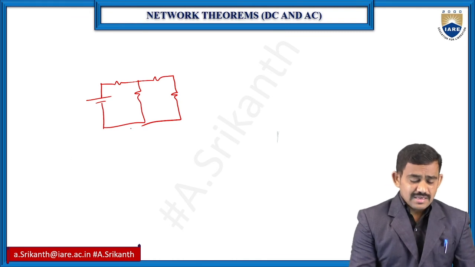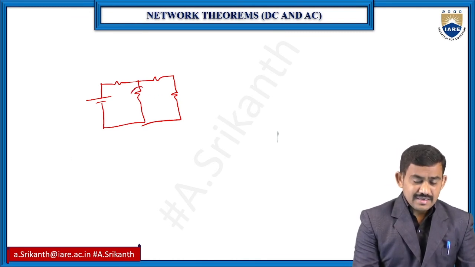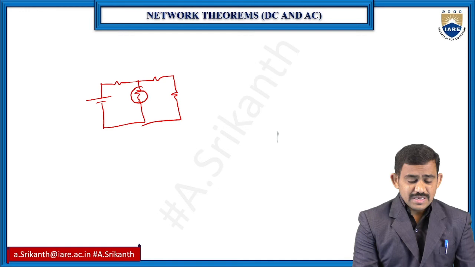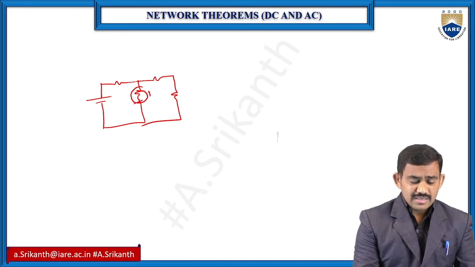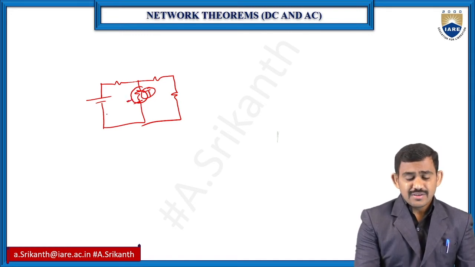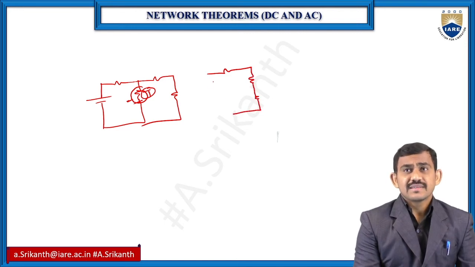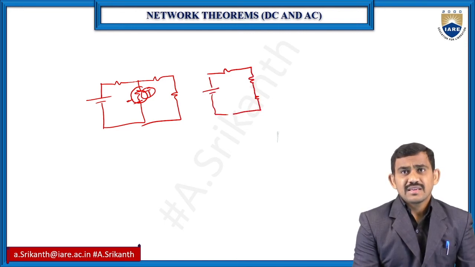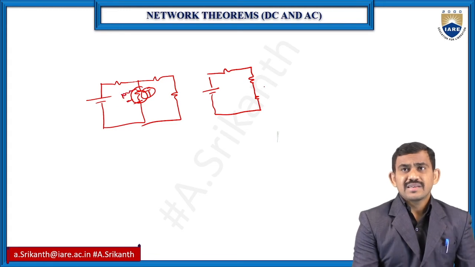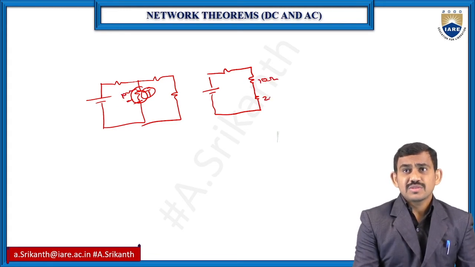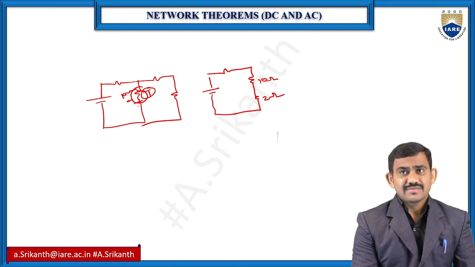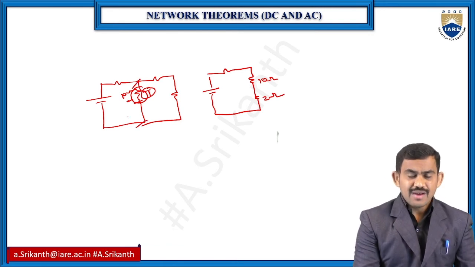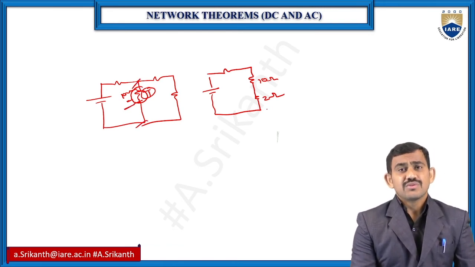In this resistor, some disturbance occurs. Some temperature increase, and automatically the resistor value will change. So the resistor value change means we have added one more resistor here. Actually here we have 10 ohms, but 2 ohms is added to the total resistance, so this particular branch is increased from 10 ohms to 12 ohms.